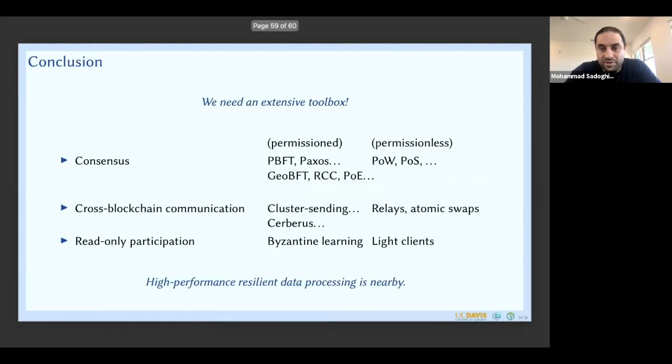And again, on consensus, there's permissioned, permissionless, a lot of interesting stuff happening. How do you do read-only? How do you do cross-blockchain? What if I want to execute a transaction across blockchains? That's related to the sharding problem too. Lots of interesting problems in that space as well.